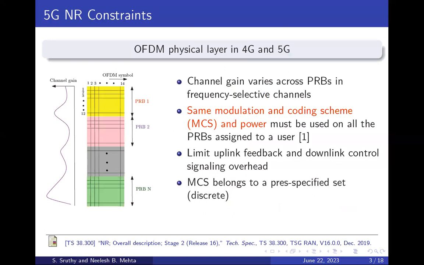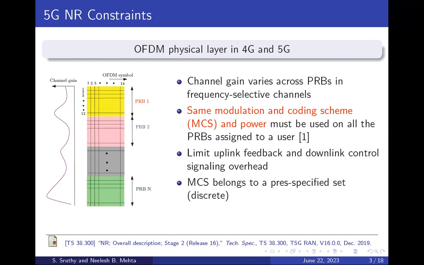To employ power domain NOMA in 5G NR, there are some constraints which we have to satisfy. As we all know, OFDM is the physical layer in 4G and 5G standards. Depending on the data rate of the users, the scheduler at the base station assigns multiple physical resource blocks, PRBs, to these users.